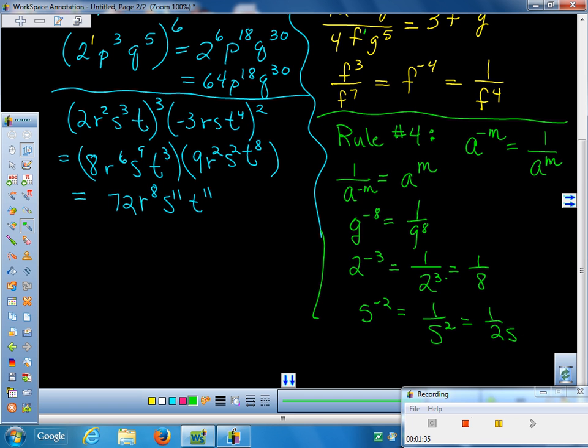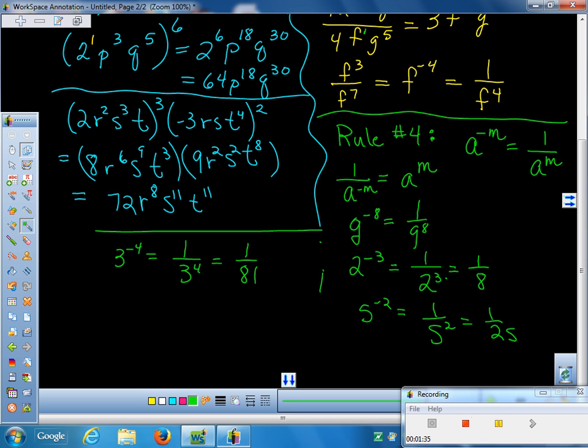All you're doing is changing it to the bottom of a fraction. We're going to extend this so I can throw about 1,500 more at you. So what's 3 to the negative 4? 1 over 3 to the 4th, and we all know what 3 to the 4th is. It is 81.